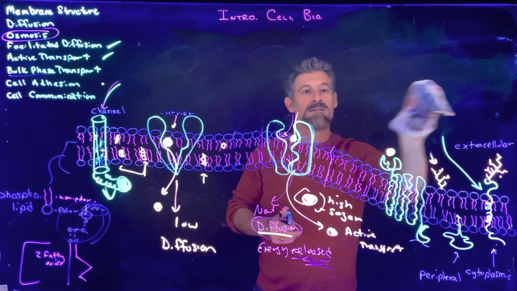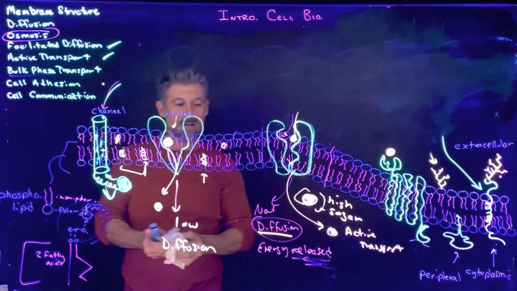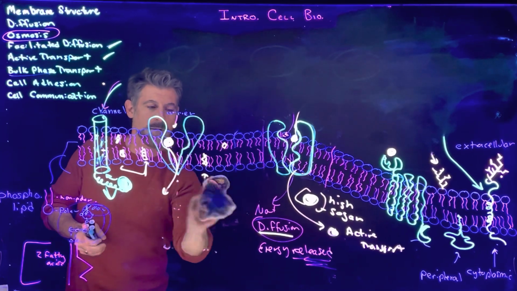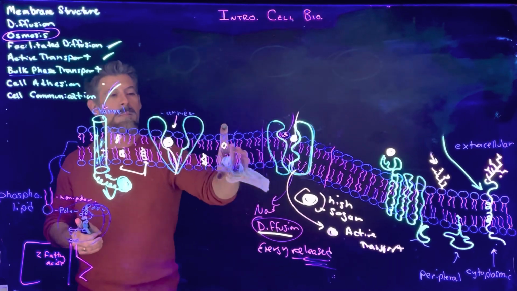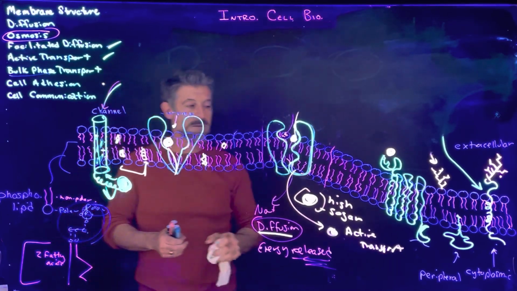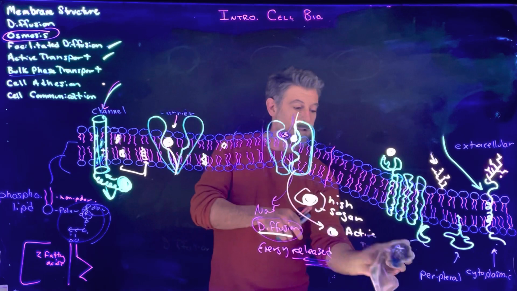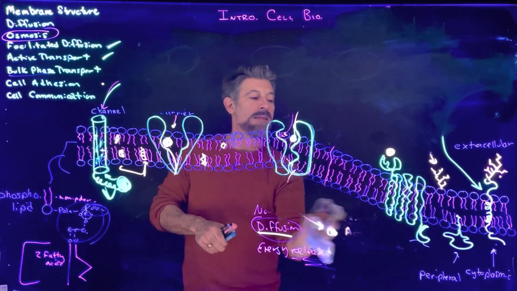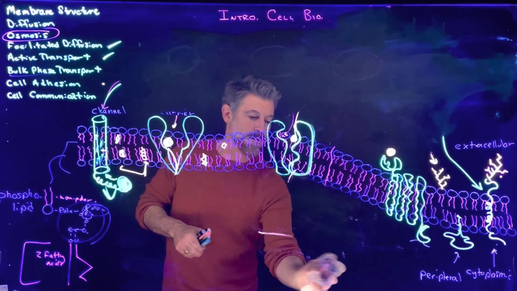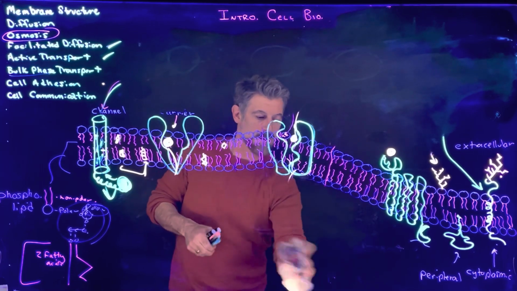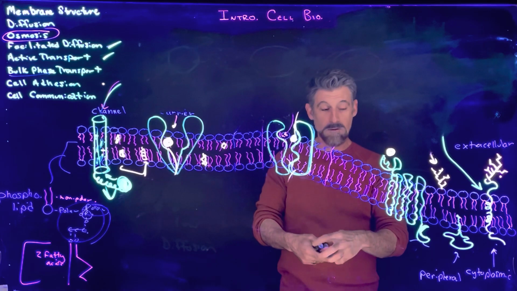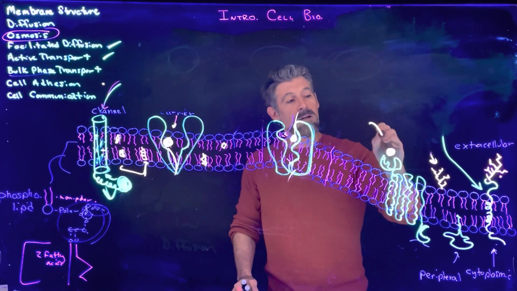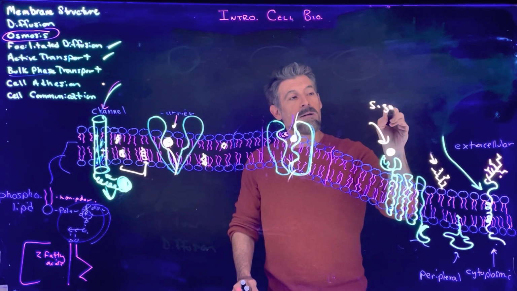It can be fairly complex and complicated, but what you need to get out of it is that it's going to involve the membrane structure, proteins in the membrane, receptor proteins, specific binding, and then a relay of information. So what I'm going to do here is use some of this stuff I have drawn on the board to talk about it. So in this particular case, here we have a signal molecule.